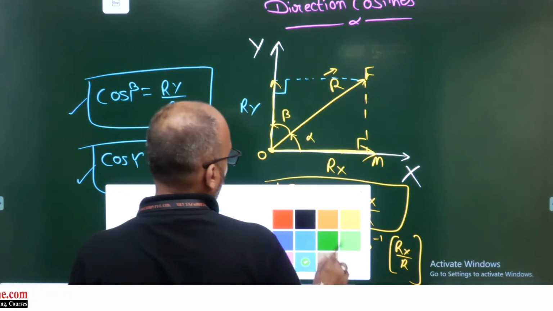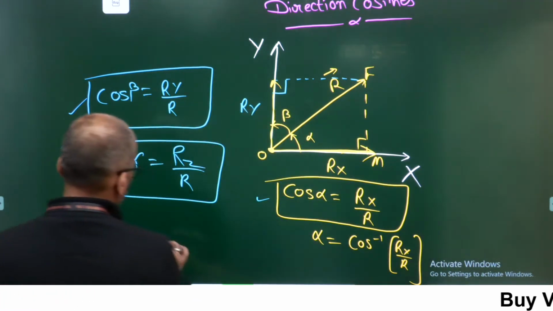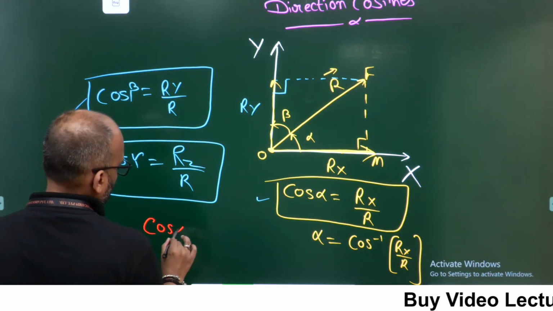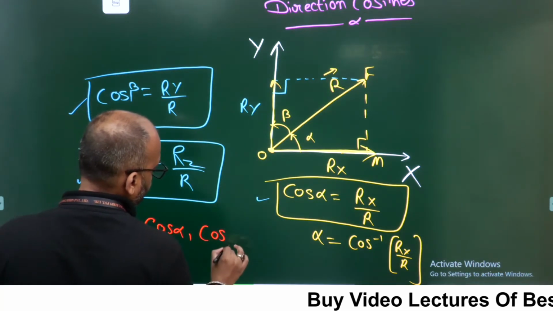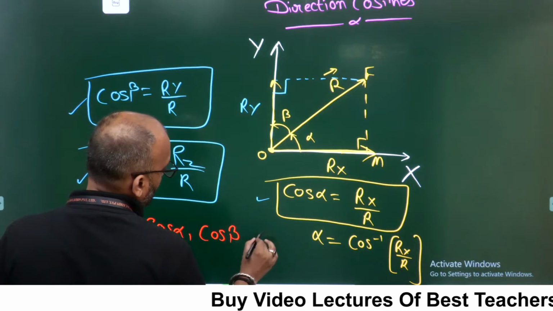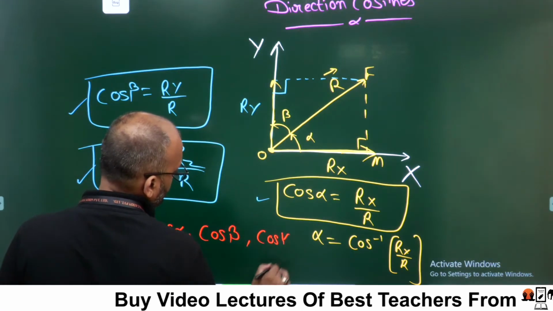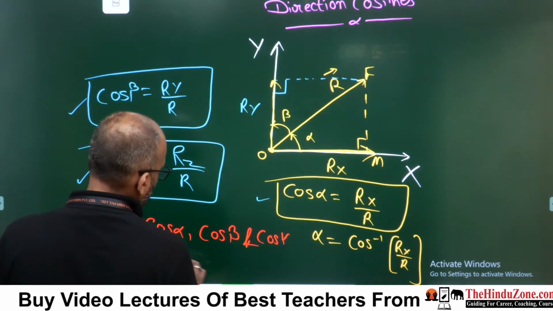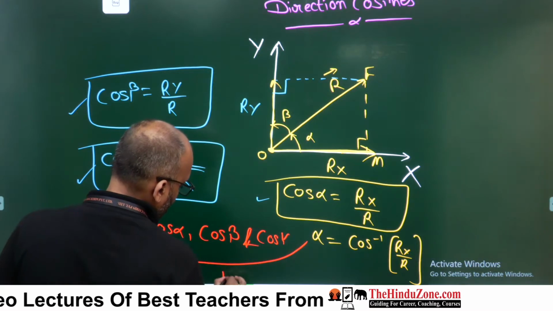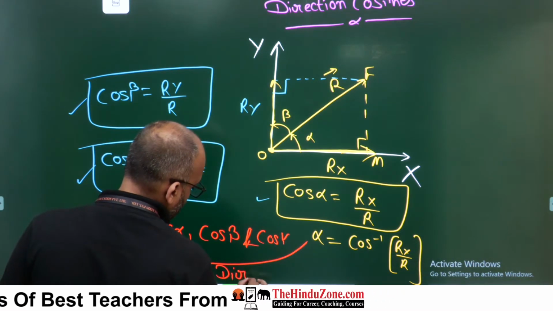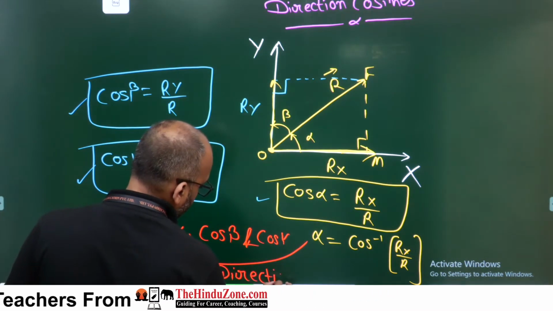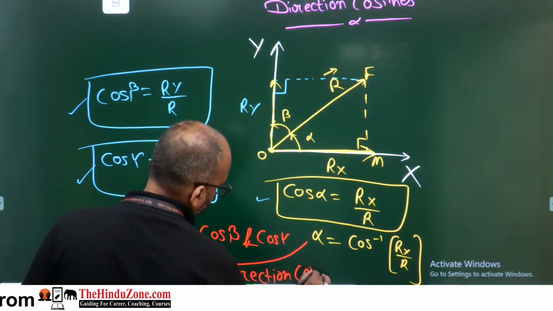So your cos alpha, cos beta and cos gamma are known as direction cosines. Clear?